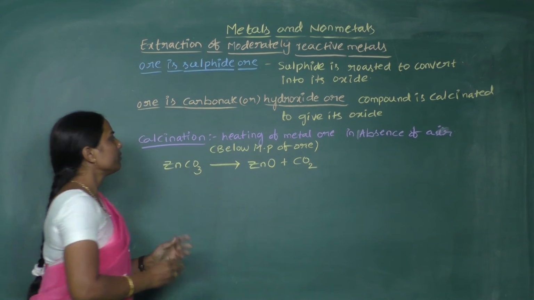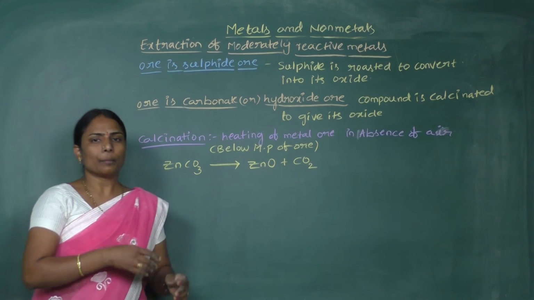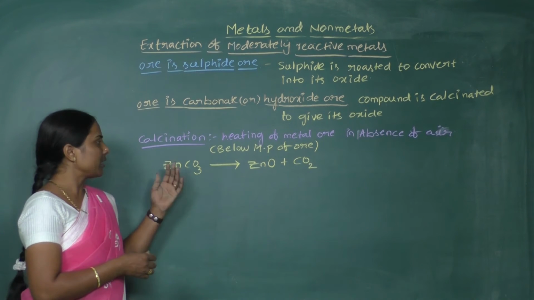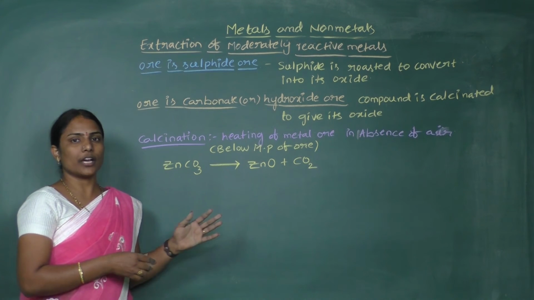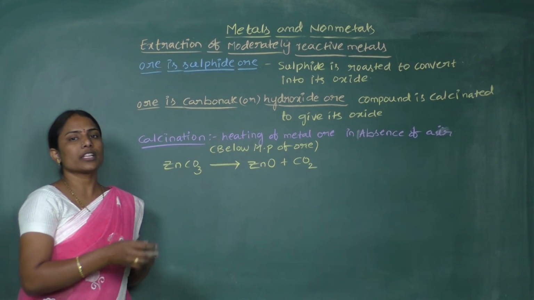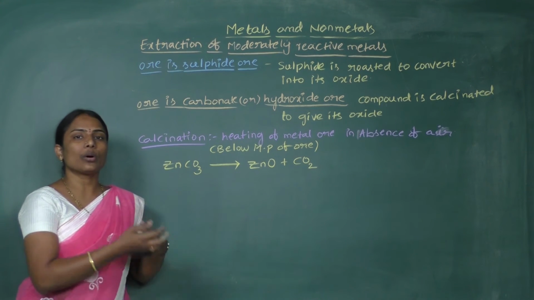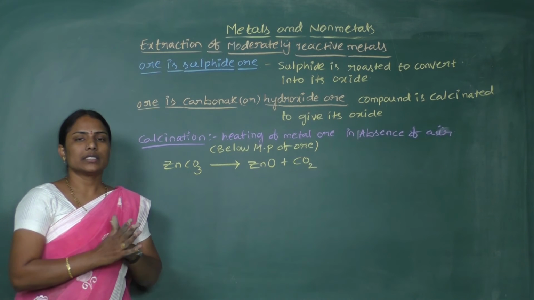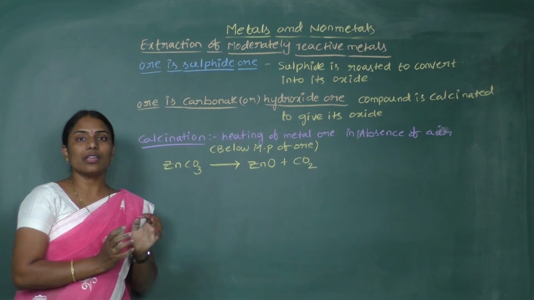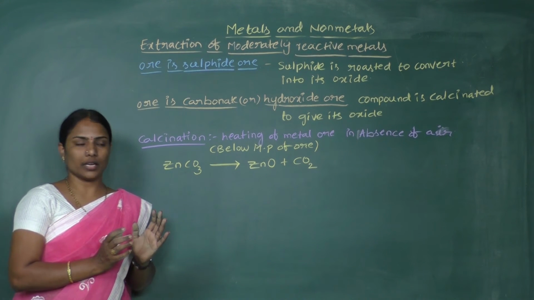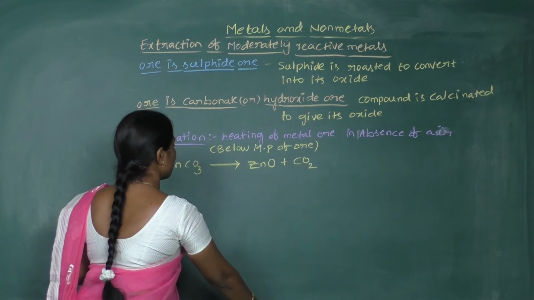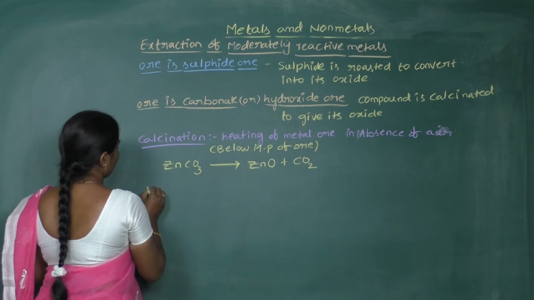In this way, we have converted the metal sulfide, carbonate or hydroxide ores into the corresponding oxide ores. Then how do we get the metal from the oxides? From the oxides, just treat it with any reducing agent. For example, zinc oxide is there.